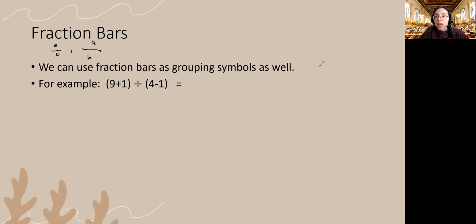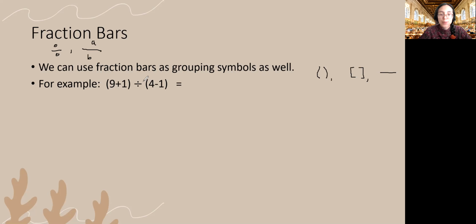Quick review. We have parentheses, we have brackets, and now we have fraction bars. And remember the purpose of grouping symbols, they were to kind of clear everything up and give things in order, a direction. Well, we can use fraction bars to also keep our work consistent and neat and give us direction of how to approach the problem.